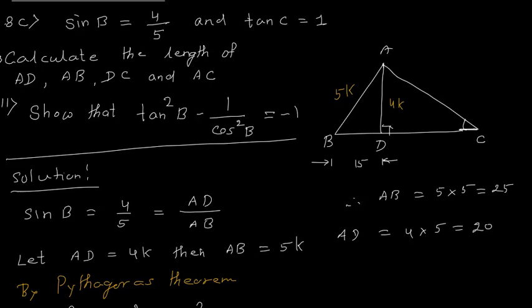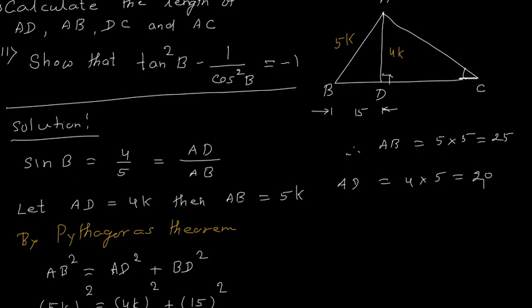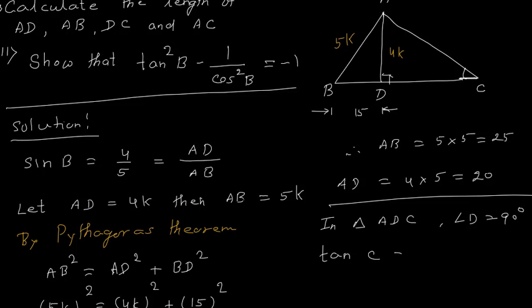Now in triangle ADC, angle D is 90 degree and tan C is given 1. Now what is tan C? Tan C is 1.